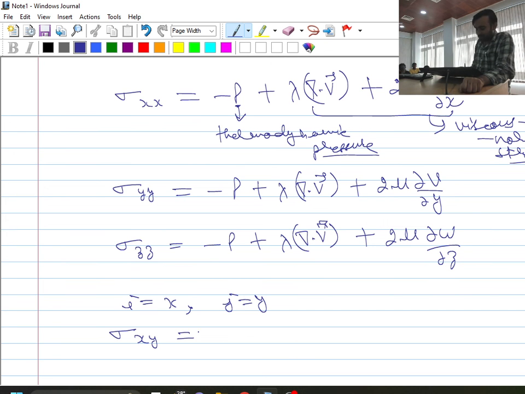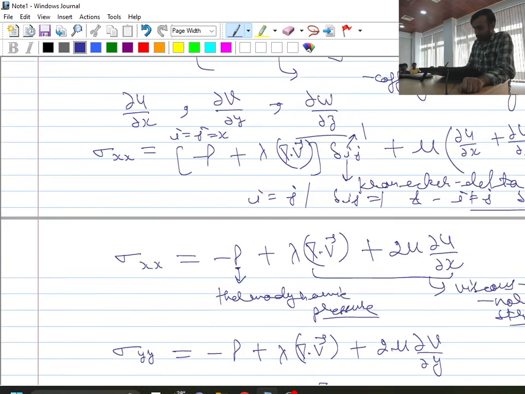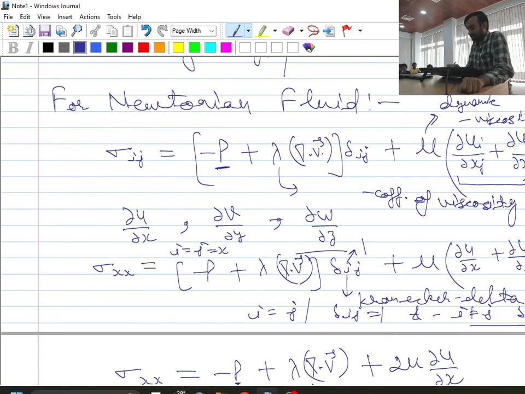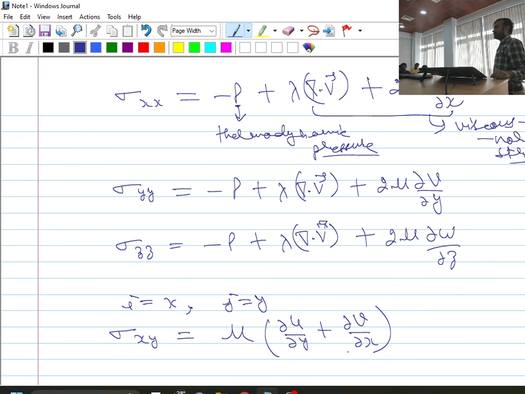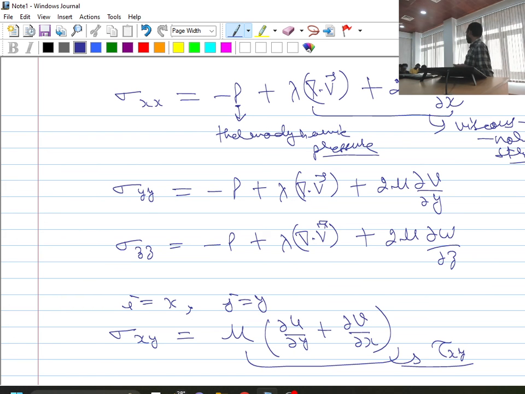So sigma xy will become: in the delta ij term, i is not equal to j, so this term becomes 0, and the second term comes into the picture. The second term becomes mu times del u by del y plus del v by del x. That's why I am simply calling it tau xy, because it does not include any contribution of non-viscous terms. It is purely because of the viscous terms. Is this point clear?